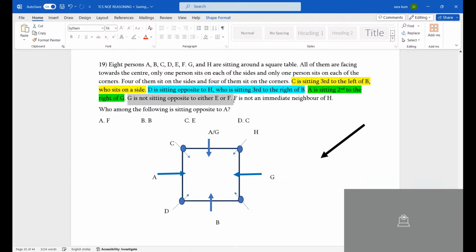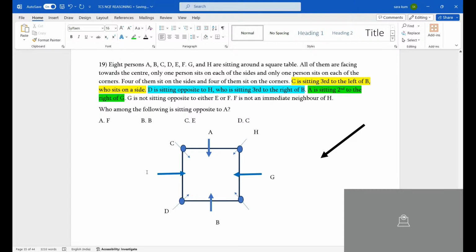Okay, G is not sitting opposite to either E or F. Now, if you put G here, guys, then there is a possibility that E and F could be opposite. Let's say you put G here. Now, where will you have A? You will have A here.